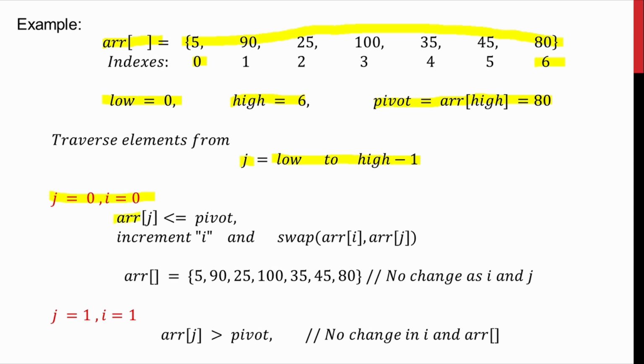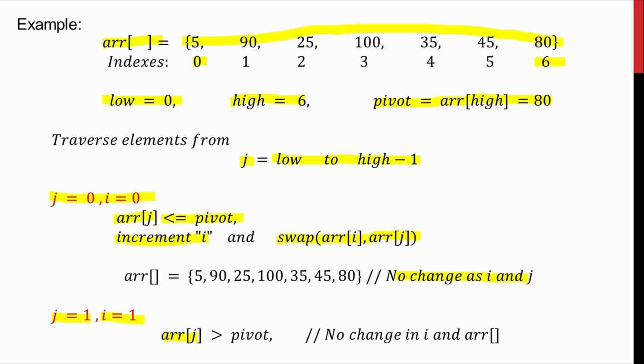Is the jth element less than or equal to the pivot? Yes. Then increment i and swap the ith element with the jth element. Both are pointing to the same element, so no change. Then j is equal to 1, i is equal to 1.